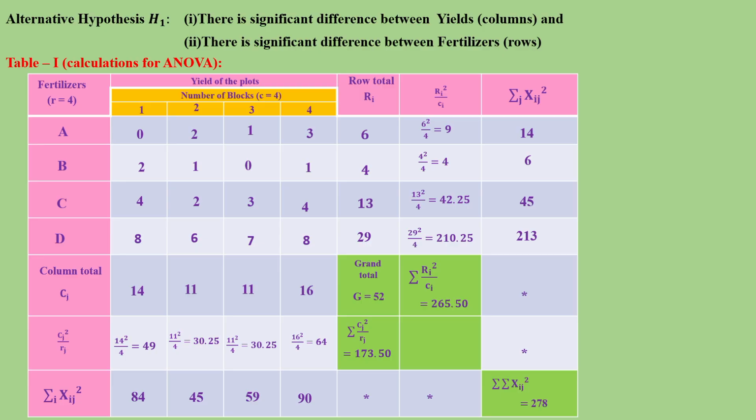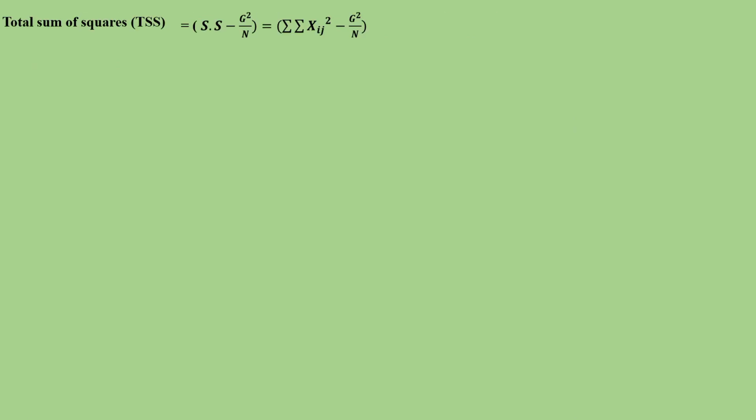Next find TSS. The correction factor CF is G square by n, that is 52 square by 16, equal to 169. Next find the total sum of squares, that is sum of squares minus correction factor, so you will get 109. Take the numbers from the previous table.